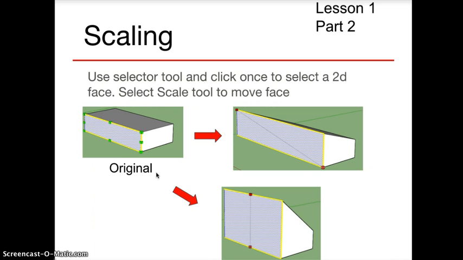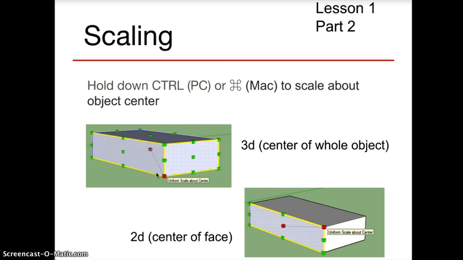Use the selector tool and click once to select a 2D face, then select the scale tool to move the face. The reason this tool is really useful is that you can change different sizes of objects without having to redo the whole thing. That's how you do scaling on a 3D and a 2D face or object.